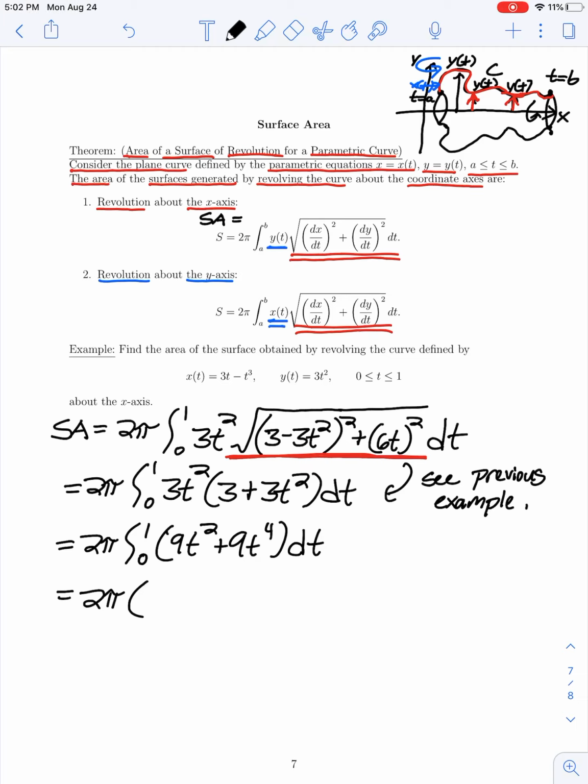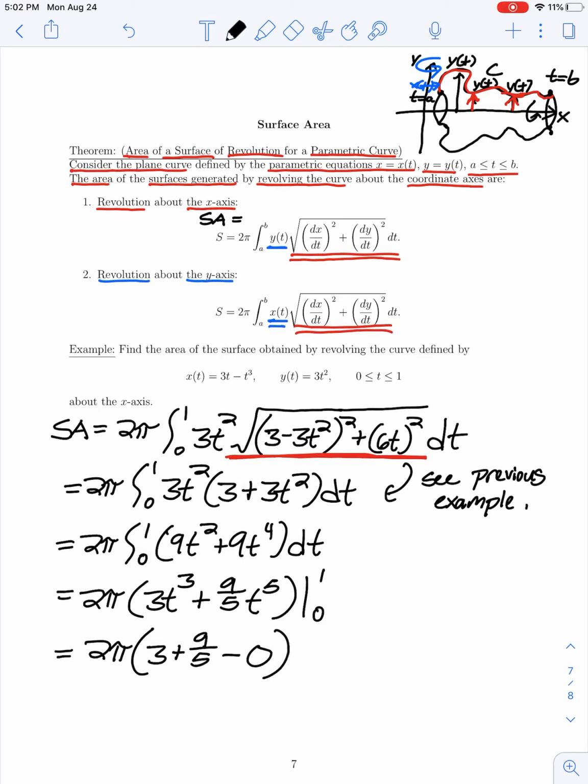The antiderivative of 9t squared is 3t cubed, plus the antiderivative of 9t to the fourth, which is 9/5 t to the fifth, evaluating from 0 to 1. We have 2 pi times, when we evaluate at t equals 1, 3 plus 9/5. We subtract what we get when we evaluate at t equals 0, which is 0.